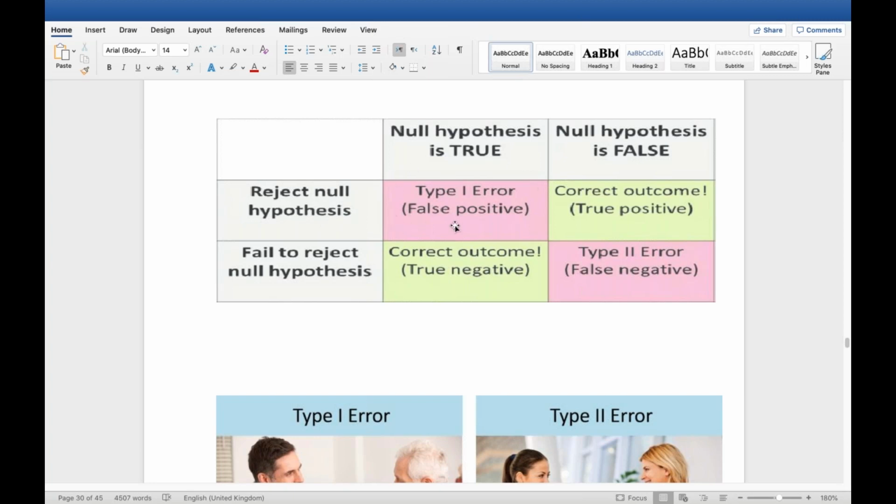The type 1 error is the chance of the null hypothesis being true, so you are wrong, you are doing a wrong thing. If you are doing a wrong thing by a chance of less than 5%, that's accepted. So you're doing the right thing 95% of the time because we're just selecting samples of people. We're not doing the studies in the whole population. Do you get this point?